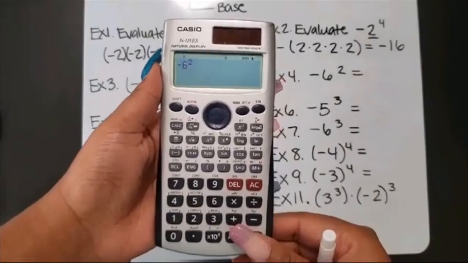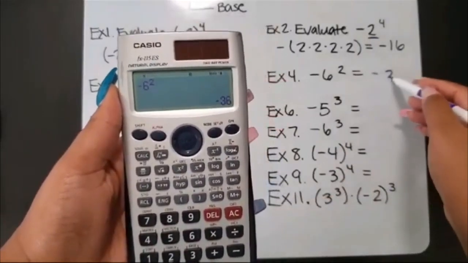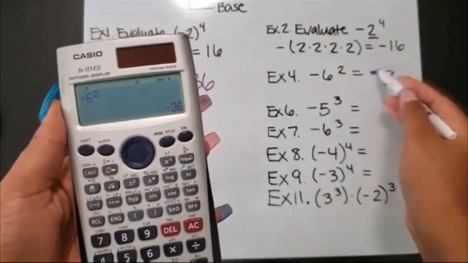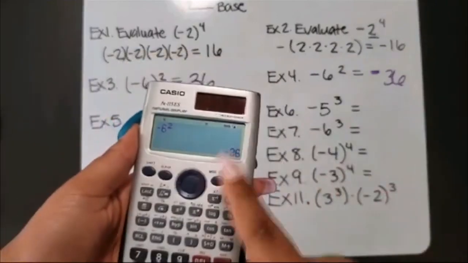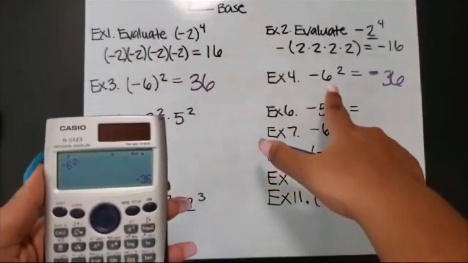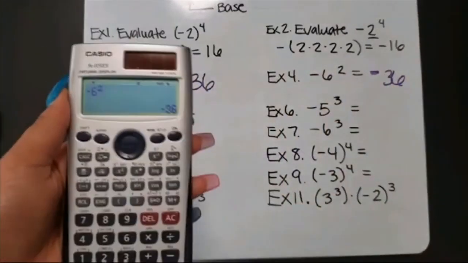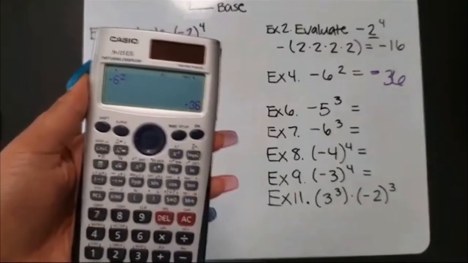And I'm going to hit enter again, and I get negative 36. All right. So what if in your calculator you put this, but on the paper it looks like this? It'll be incorrect. So make sure that you understand what's going on.